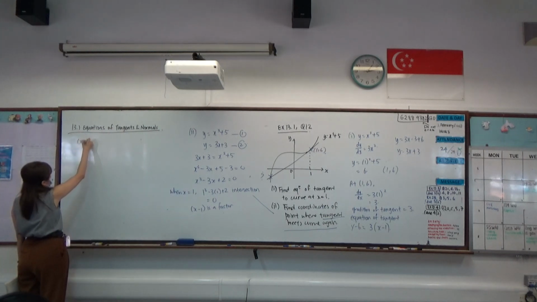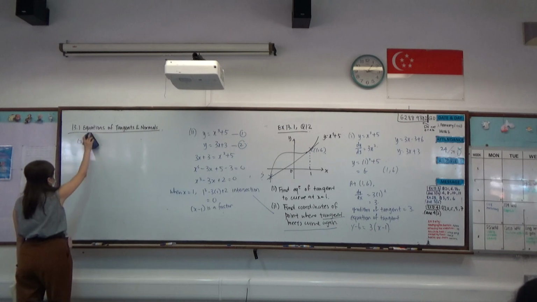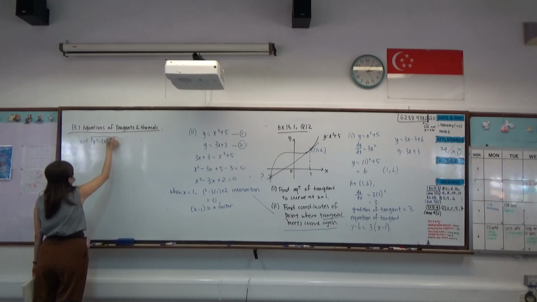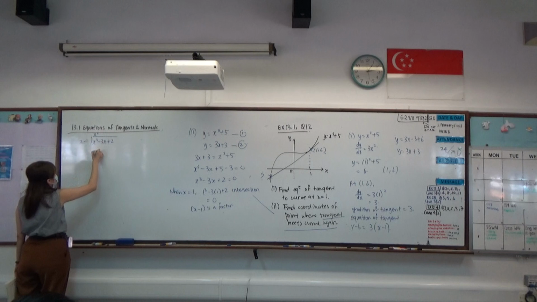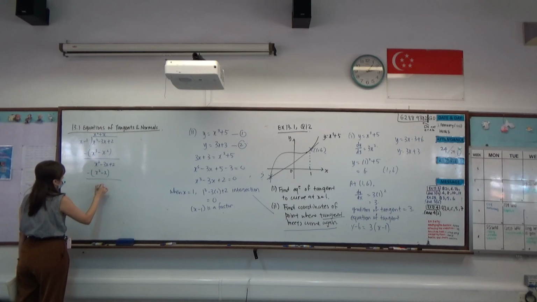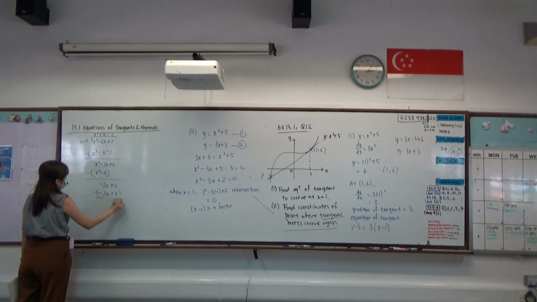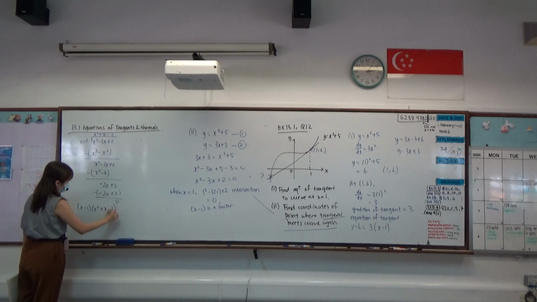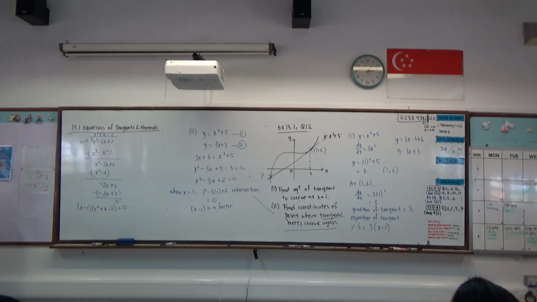So we will do long division then. And we can factorize to see that x minus 1 times x squared plus x minus 2 equals 0.